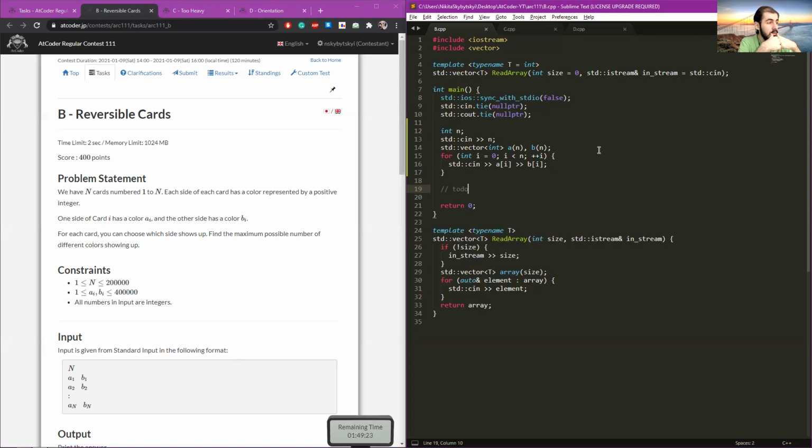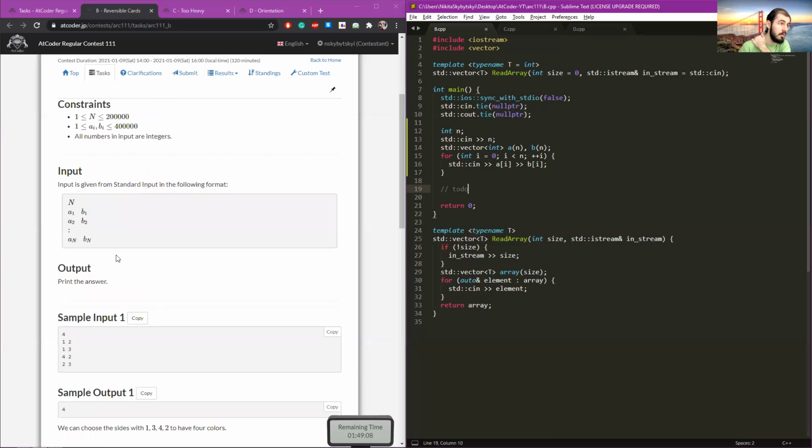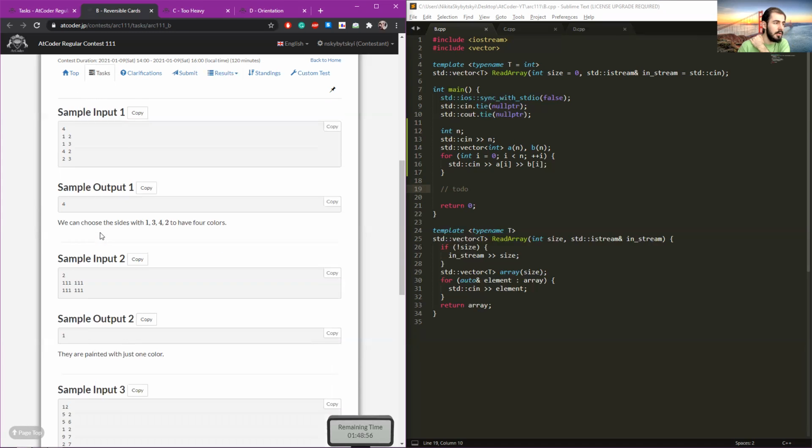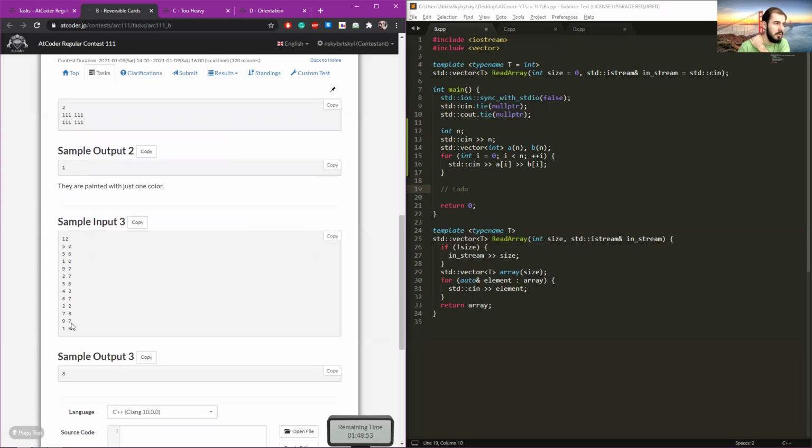Okay, so we want to choose one number from each pair and maximize the number of distinct numbers that we picked. I don't think that greedy or anything like that will work here. It does not seem like a natural problem for greedy.